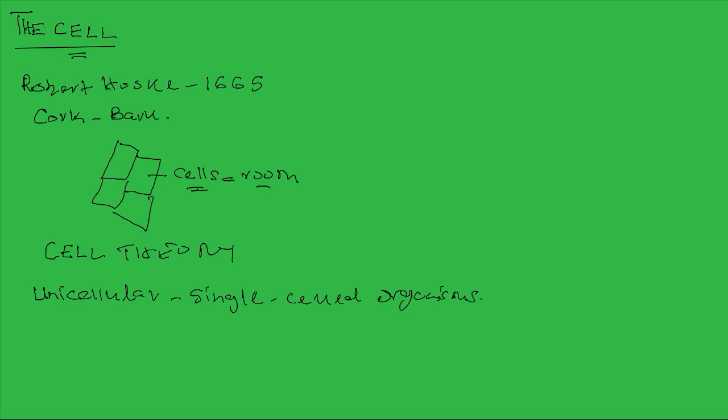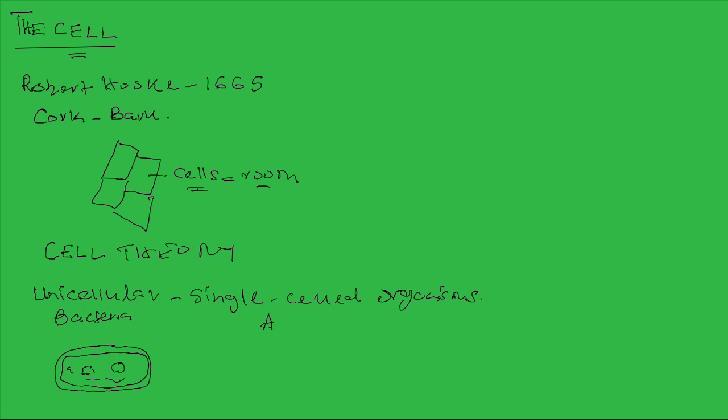Examples of such organisms include bacteria. Bacteria is a single-celled organism that has a cell wall and a cell membrane within which there are cellular materials that carry out the life processes.